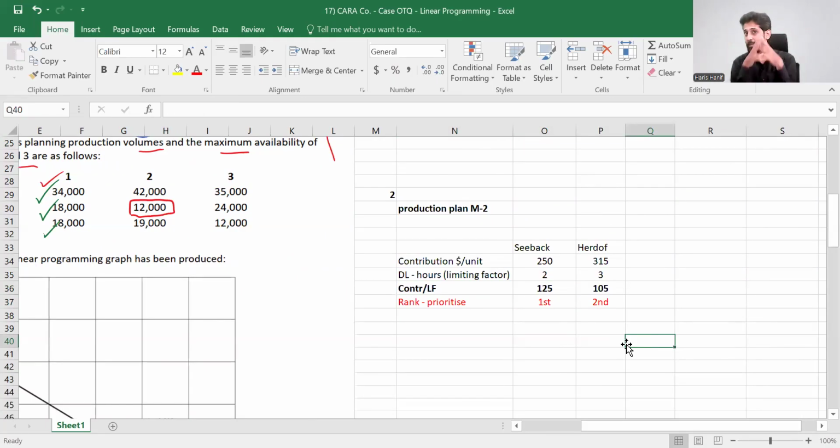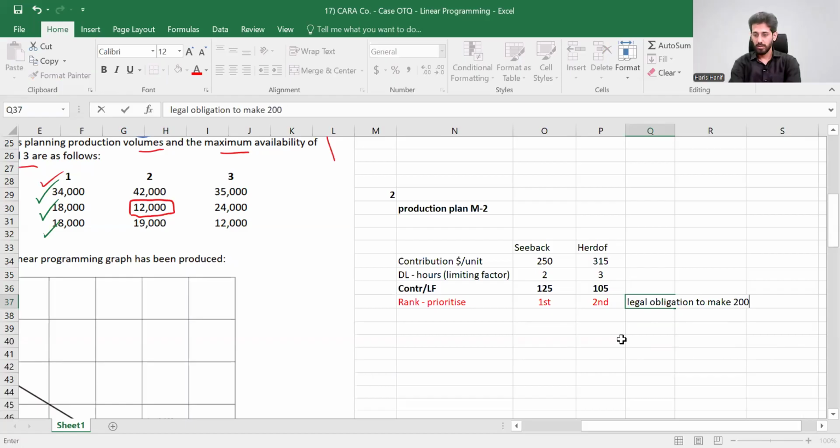But there is a minimum requirement to produce Heard of, right? So we will be making Heard of on the top priority. Why? Just because of the minimum requirement. So there is a legal obligation to make 2000 units of Heard of first, and then follow the ranking criteria for the rest of the production demand.